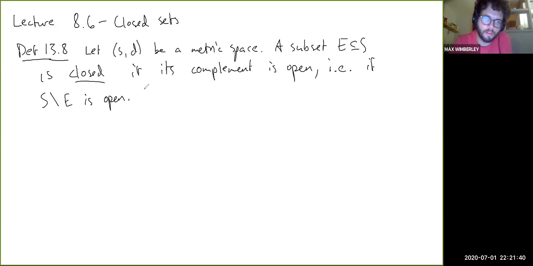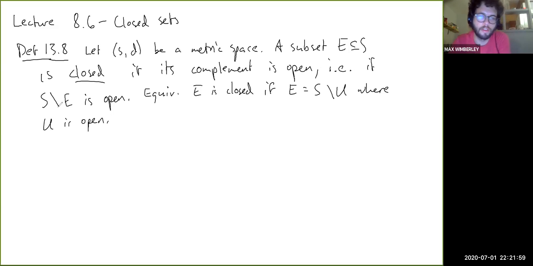This is equivalent, so equivalently, E is closed if E equals the complement of an open set. Because remember, or at least maybe if you don't remember, hopefully it's not too hard to see that if you take the complement of the complement of E, you get E again.